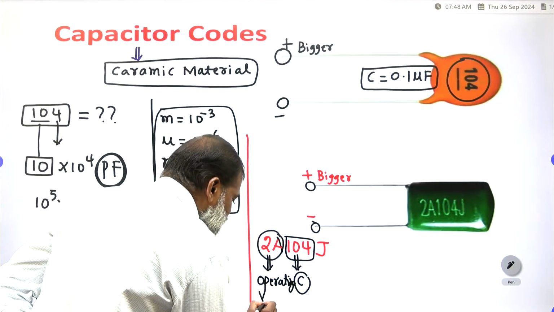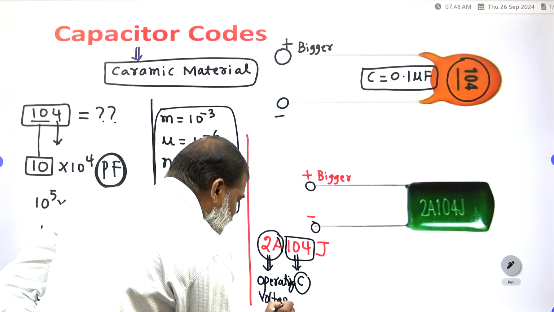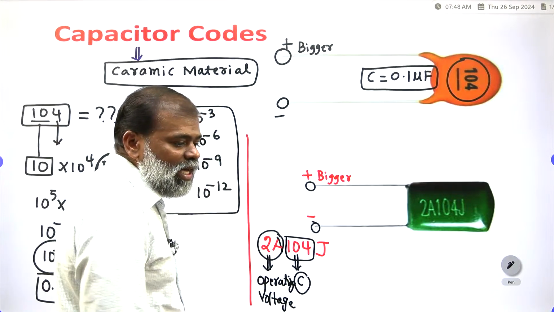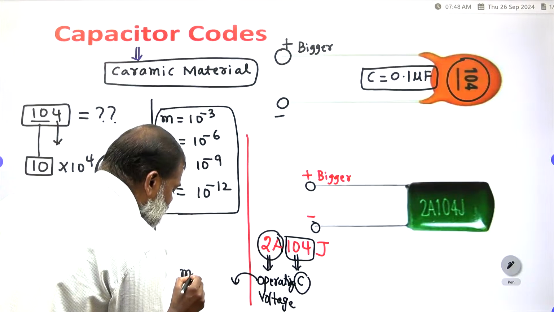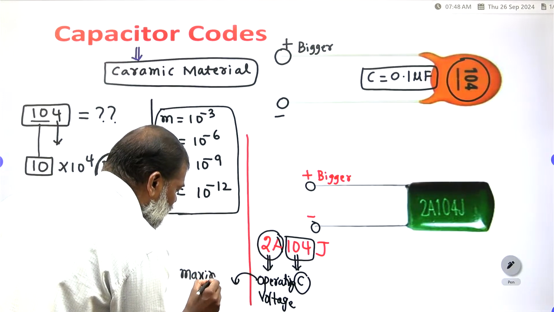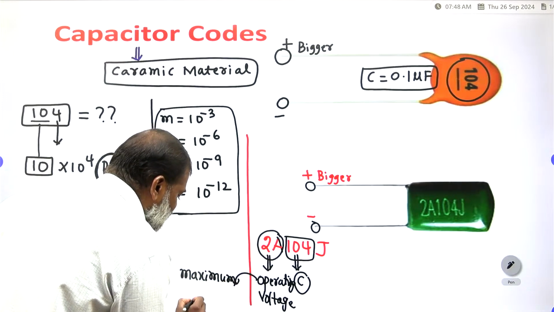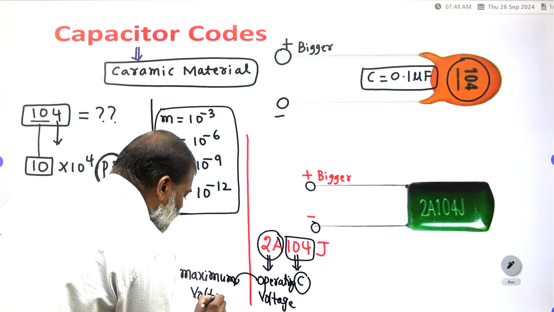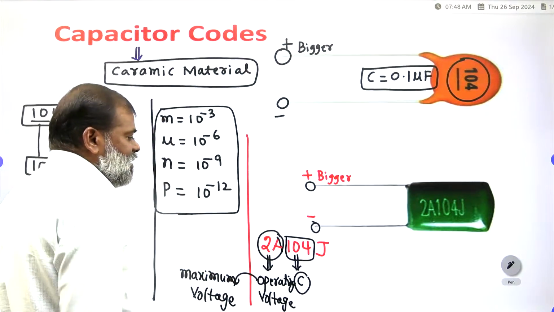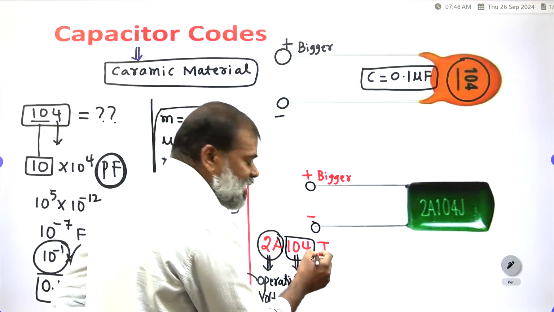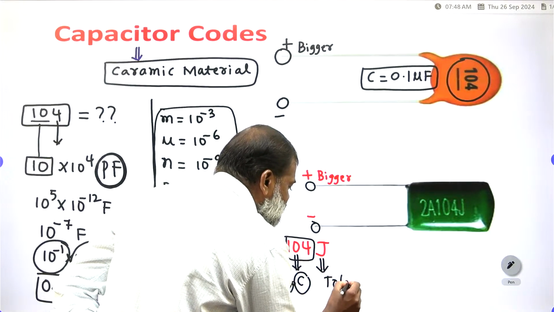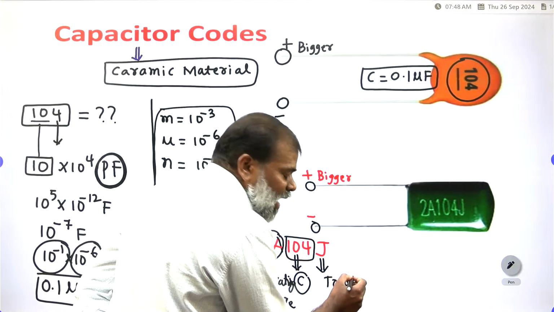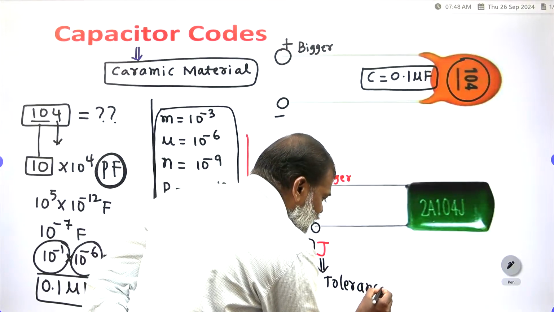This operating voltage we also call the maximum voltage of that capacitor. J is nothing but tolerance, as we discussed in the resistor.